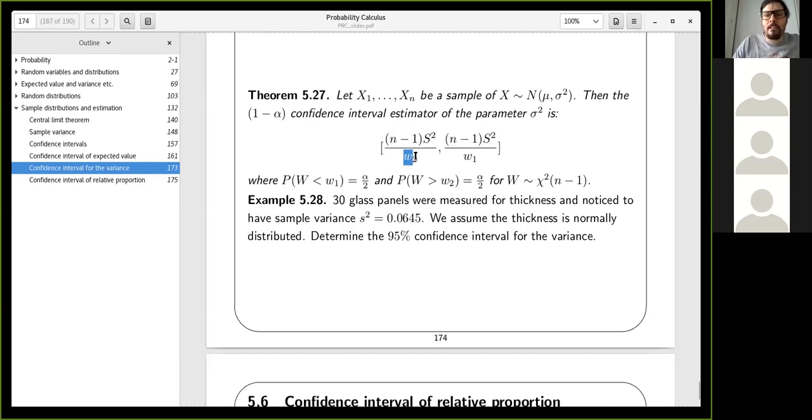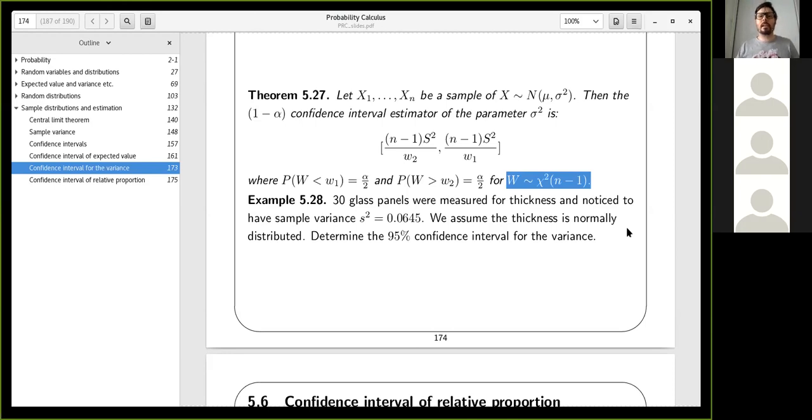Where the n factors in is the calculation of these W1 and W2 from the chi-squared, which I showed you, of these levels, and then the width of this distribution depends on the n.